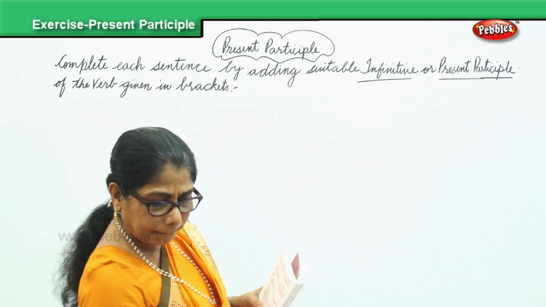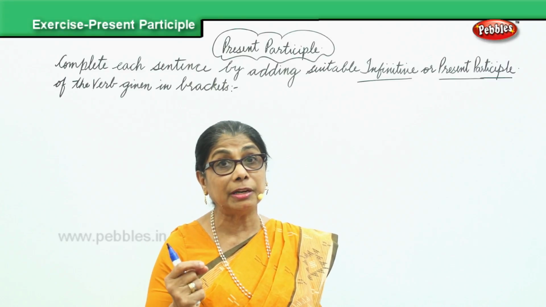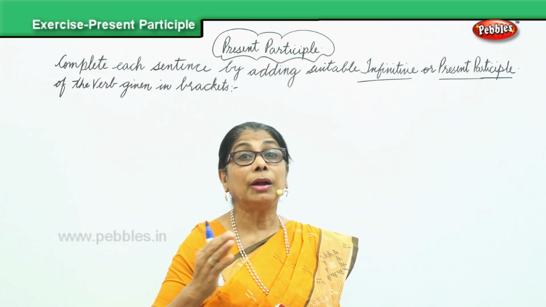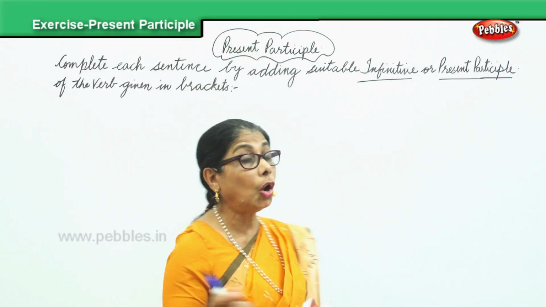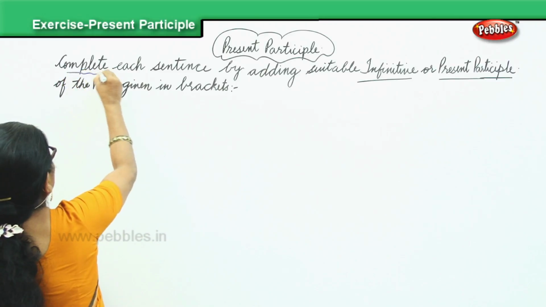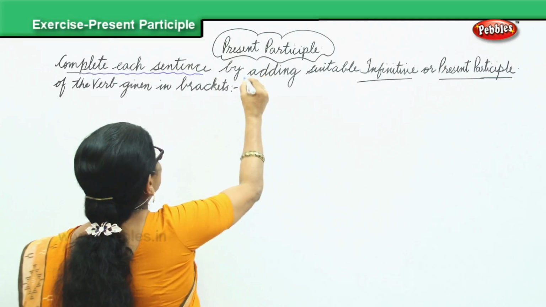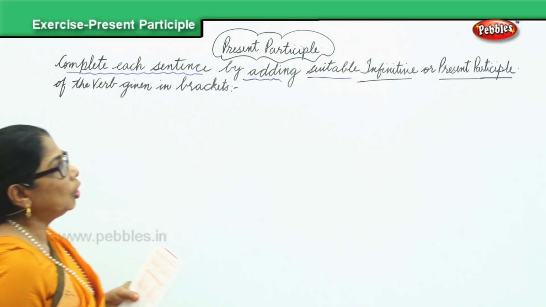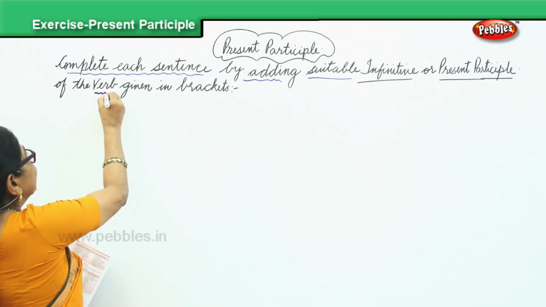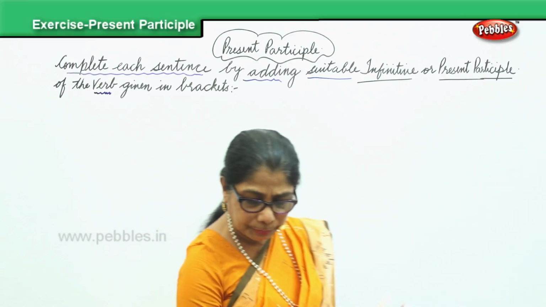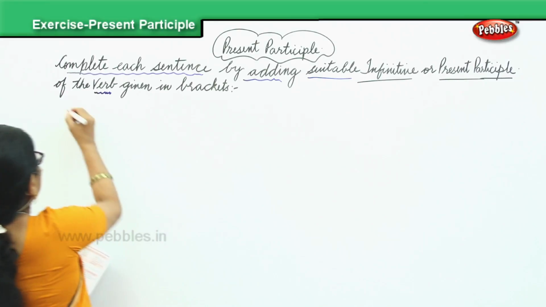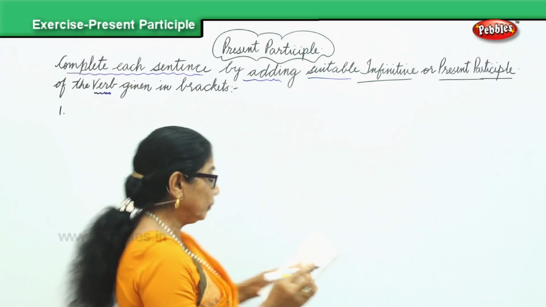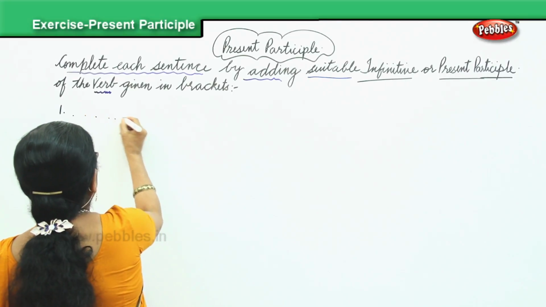What is present participle? Present participle, the verb ends in ing, the action is either incomplete or is going on. So we are completing the sentence by adding a suitable infinitive or participle of the verb given in bracket. Let's be very, very careful. The first one I have here is dash our parents is our duty. There is something missing here.